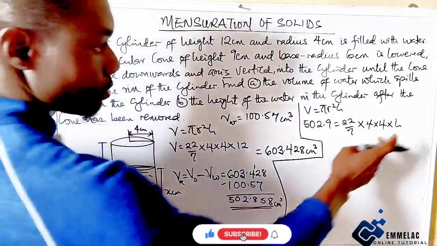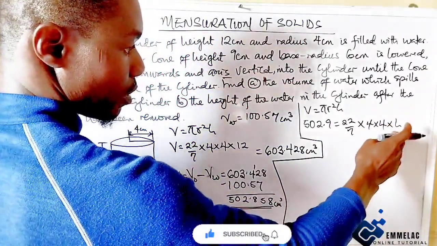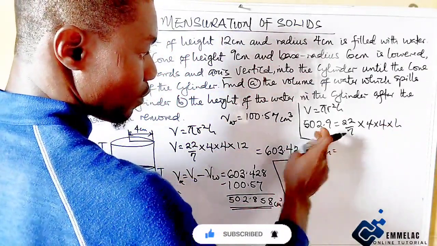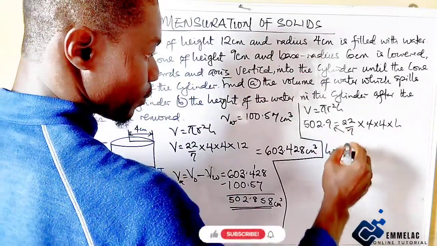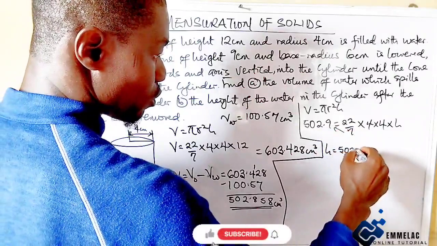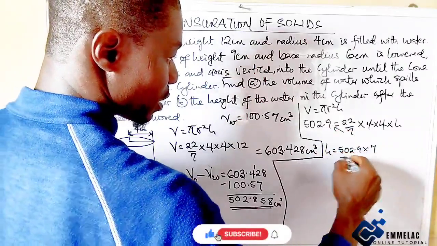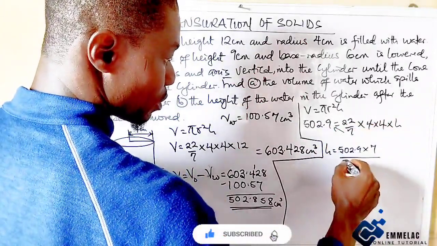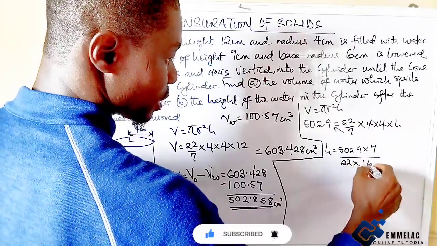We can now make h the subject of the formula: 7 will come over here, cross multiply. So here you have 502.9 times 7, all divided by 22 times 16.